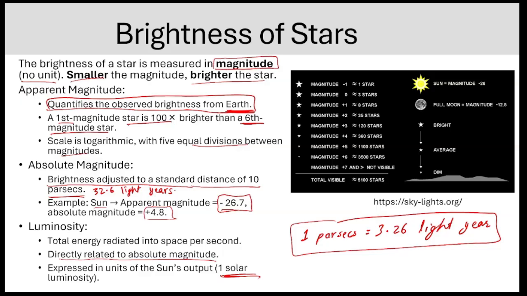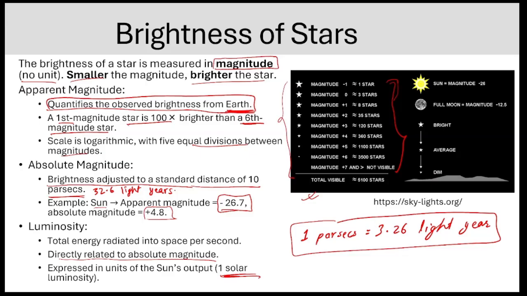And we can see here in the image on the right, this column shows how many stars are visible from the Earth's surface, and it gives us the magnitude of their brightness.